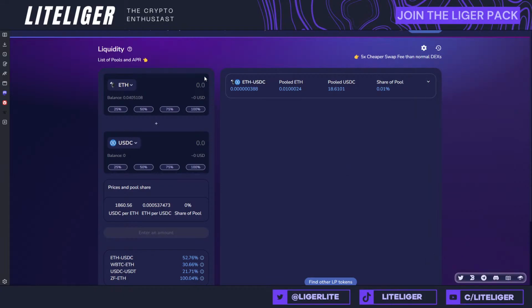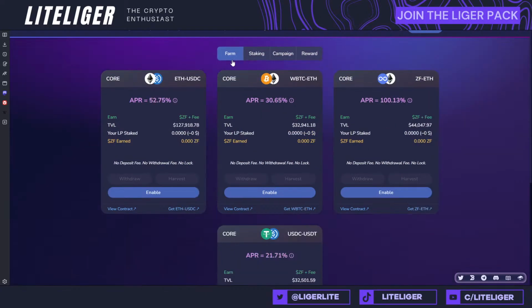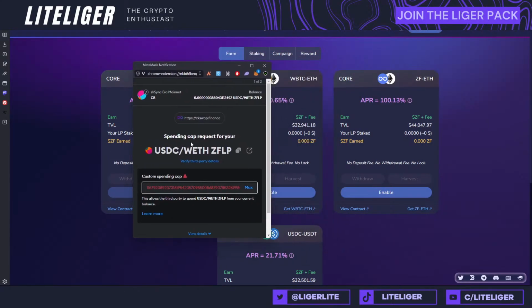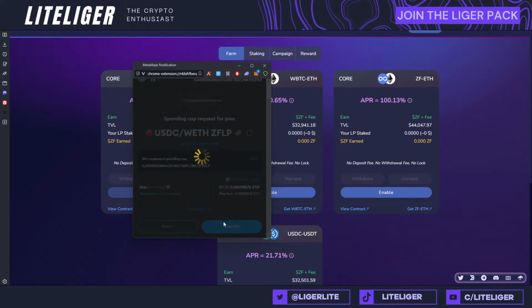So now we have an LP, and now we are going to be farming, and enable. This is the LP amount, the LP token.